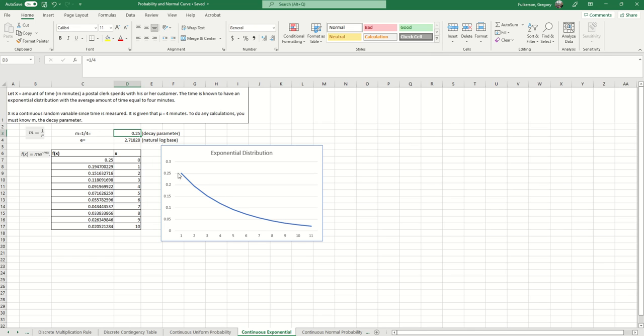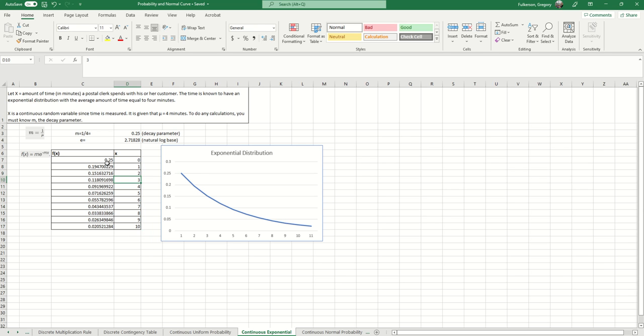And then to complete the exponential distribution, we need to use this value of e, which is the natural log base. And we just bring it out to a few decimal places. This actually keeps going, but we're going to use it just out to the 5th decimal place, which is going to be pretty accurate. And then we'll use this equation. So the function of x equals m times e, so 0.25 times 2.718 raised to the minus mx value. So m again, 0.25, x is the number of seconds, so 0 down through 10.